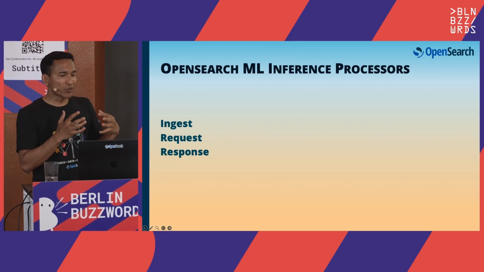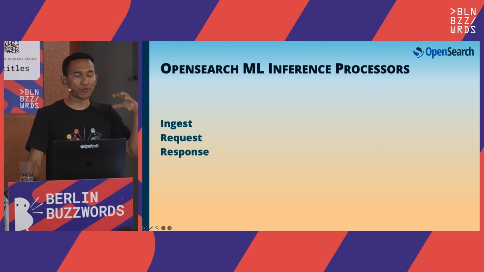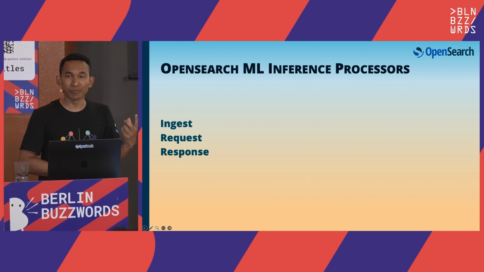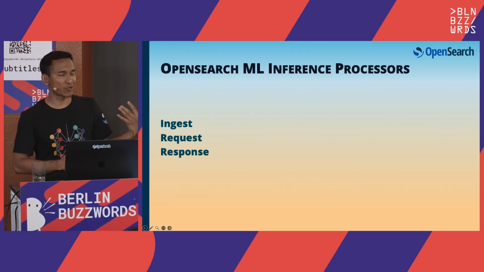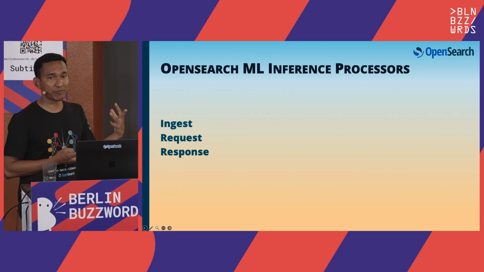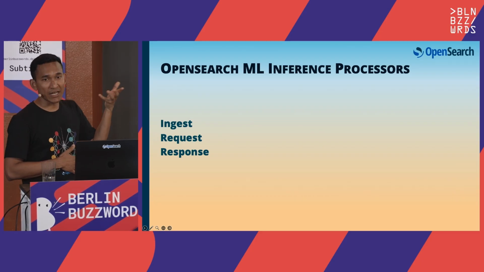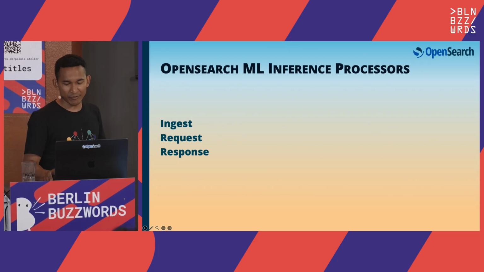We don't want different experiences for different models. So we wanted to fit all this into one simple umbrella, which is the ML inference processor. In it, we have three categories of processors: the ingest, request, and response processors, which I will deep dive into a little more.